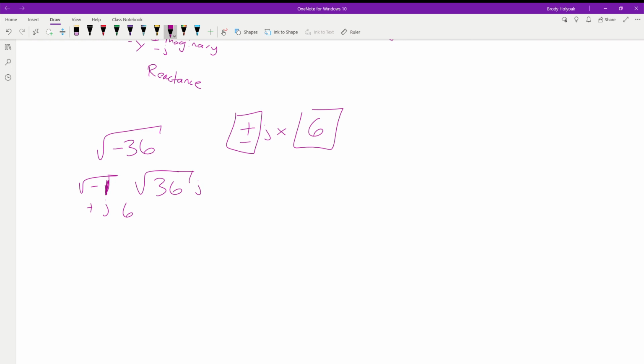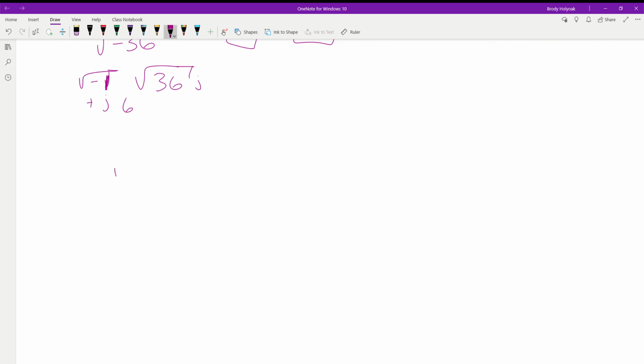Okay, here's another question that we have. The square root of negative 49 times the square root of negative 36. So you got 7j times 6j.